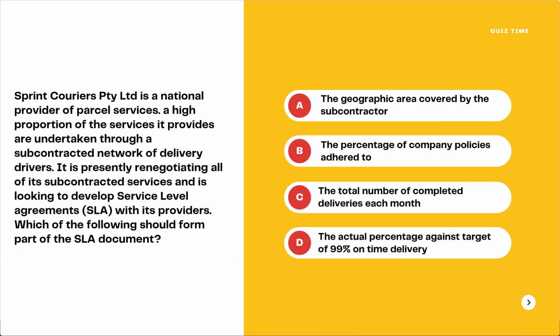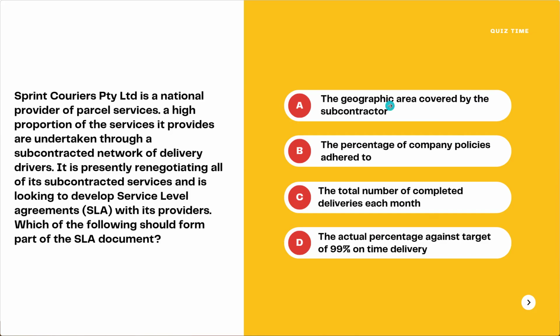There are four options here: geographic area covered by subcontractor, percentage of company policies adhered to, total number of completed deliveries each month, or actual percentage against target of 99%. If we look at this, it could be very confusing. Let's look at each option separately.